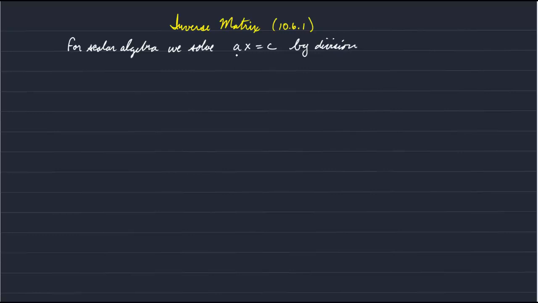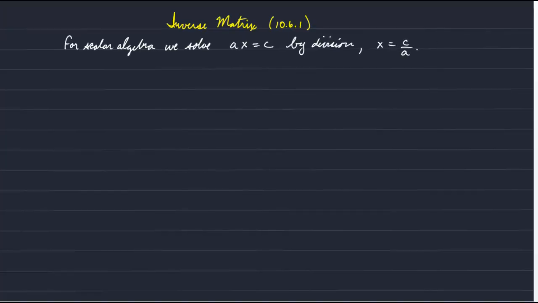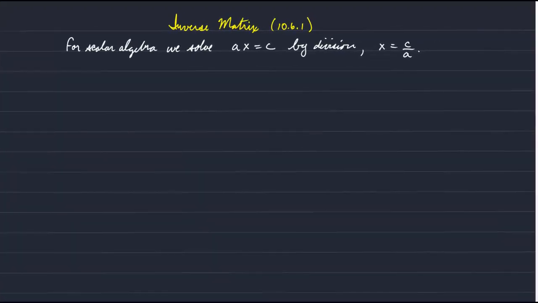So we have a problem of A multiplied by X is equal to C, and we can solve for X by simply dividing C by A. But for matrix algebra, division is not defined.